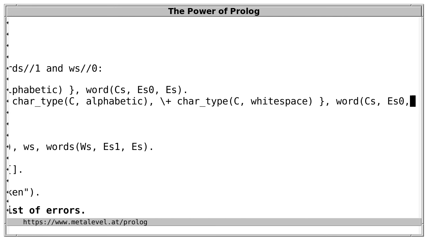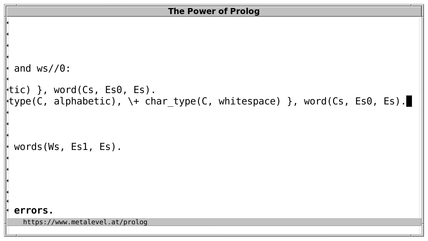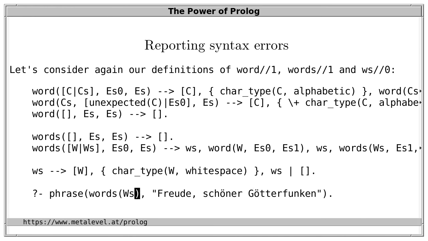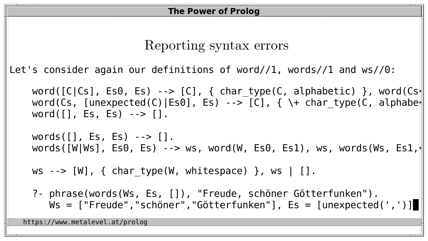And then a word consisting of Cs and possibly further syntax errors, okay? So we've now augmented the grammar to take syntax errors into account. And when we ask, is this a list of words with syntax errors Es, then we get yes, that's a list of words, and the string also contains an unexpected comma.